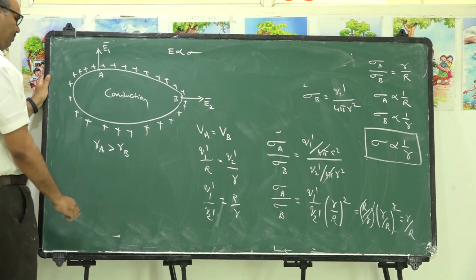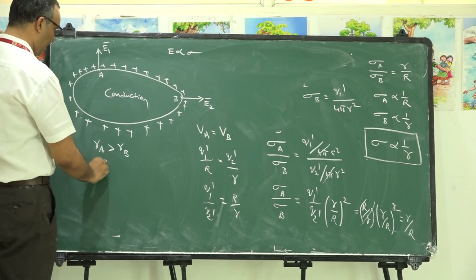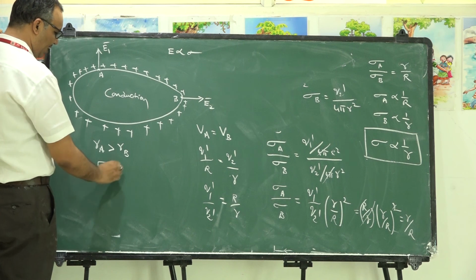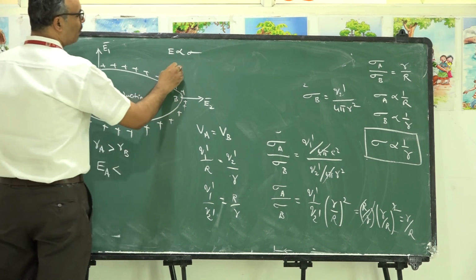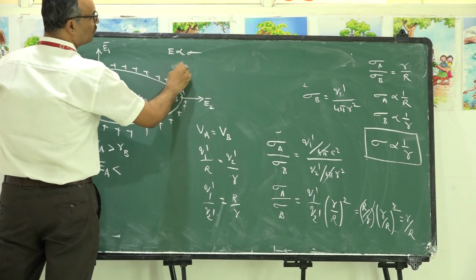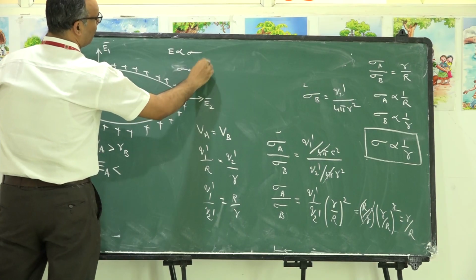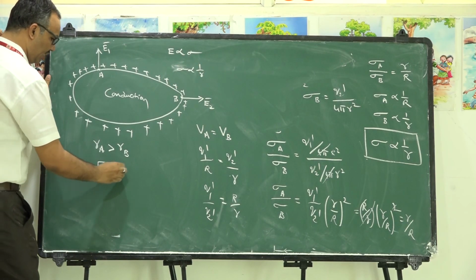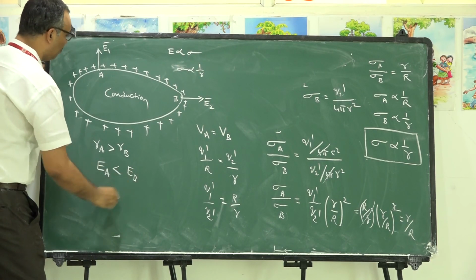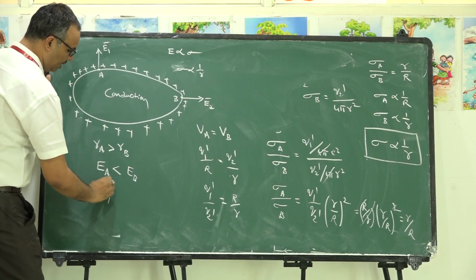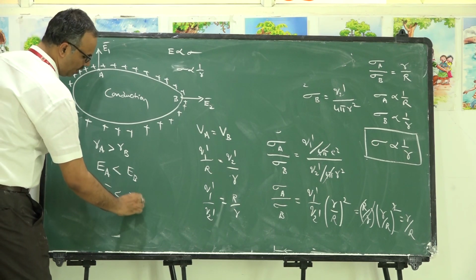Since sigma is proportional to 1 by R, the electric field at A is less than at B. EA is less than EB. That means E1 bar is less than E2 bar.